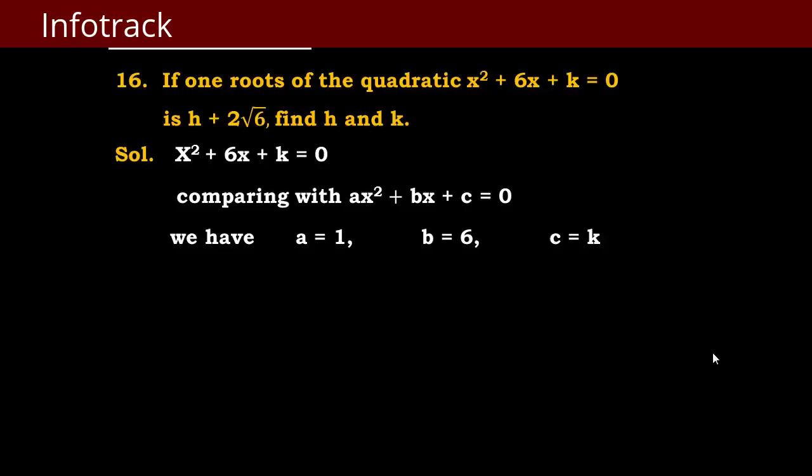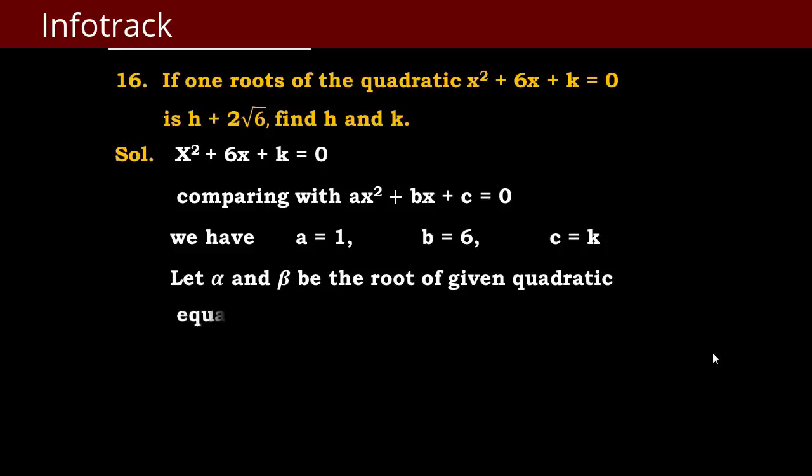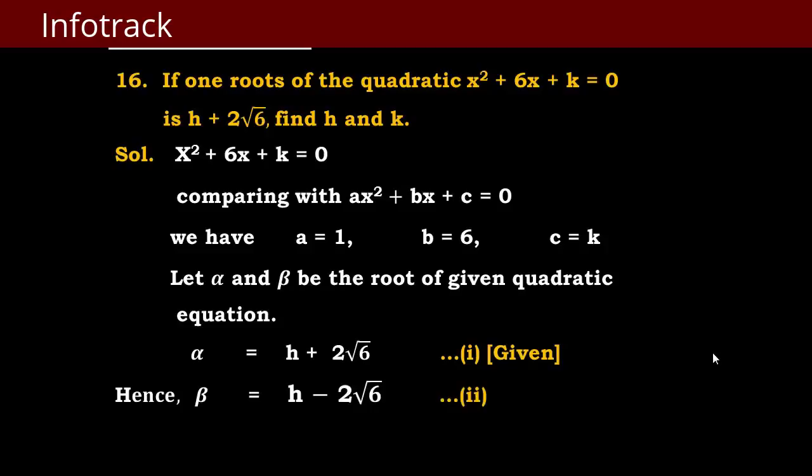So let alpha and beta be the roots of the given quadratic equation. See, one root is given, that is alpha is equal to h plus 2 root 6, equation number 1, and beta will become h minus 2 root 6, equation number 2.